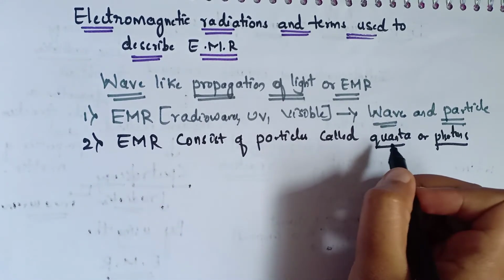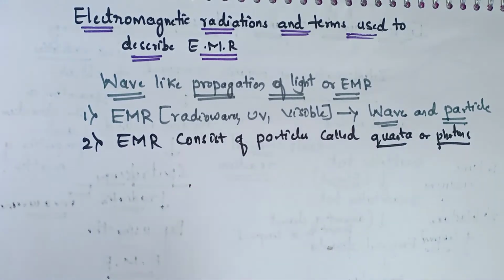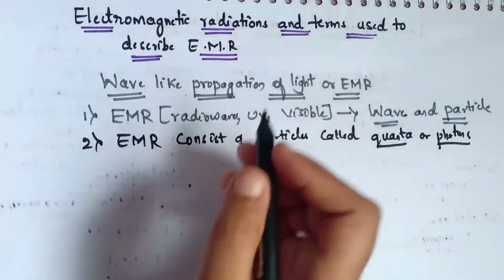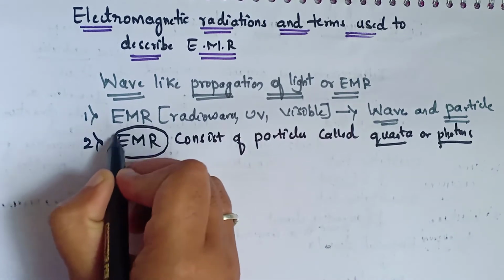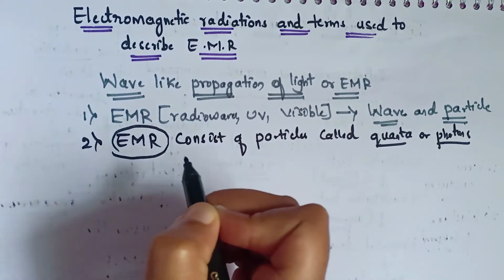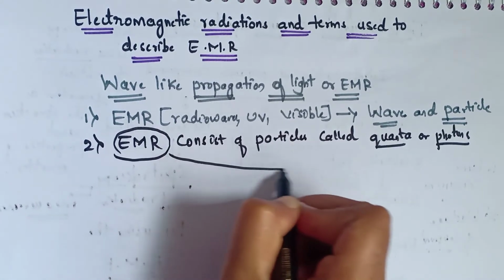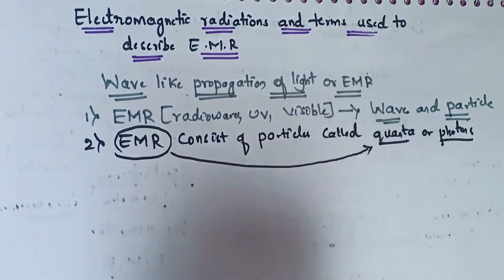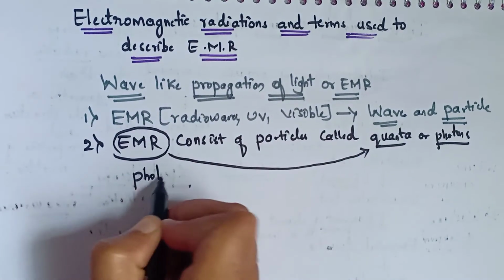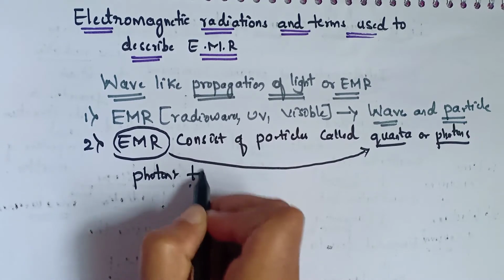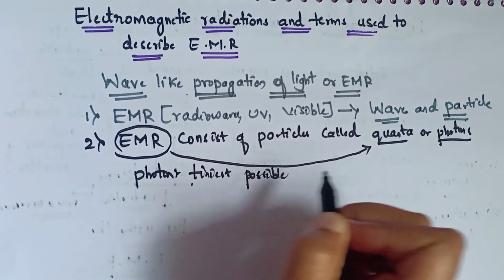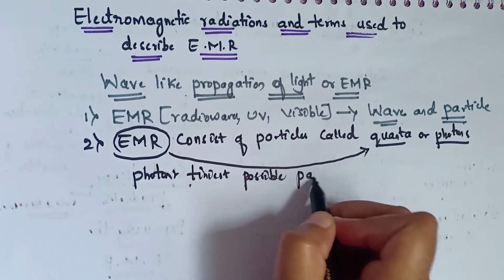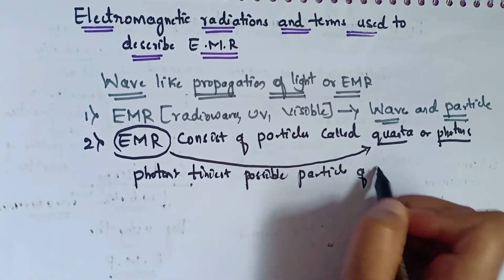Quanta or photon means it is the tiniest possible particle of light. That means in the electromagnetic radiations, the tiniest particles of light are present. They are nothing but quanta or photons. I will write the meaning of this photon: the tiniest possible particle of light.